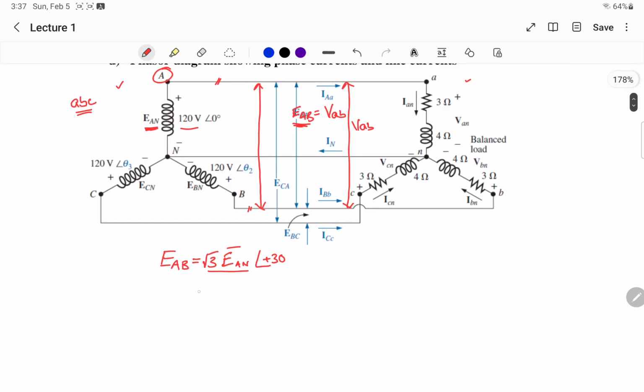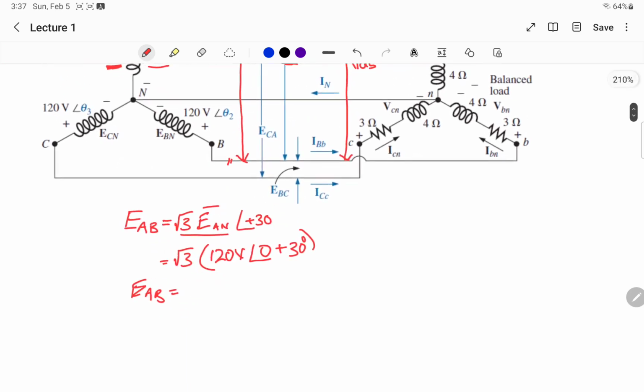So here we will have root 3 times EAN. What is EAN? It's 120 volts with angle 0, and the angle 30 will be added. So the value of EAB is 207.6 volts with angle plus 30.